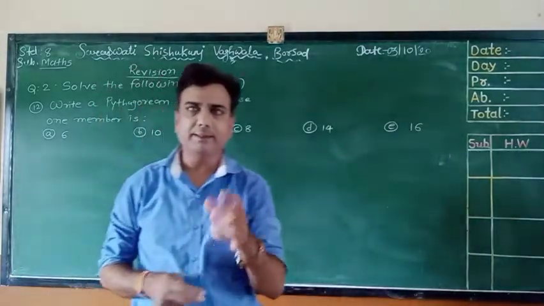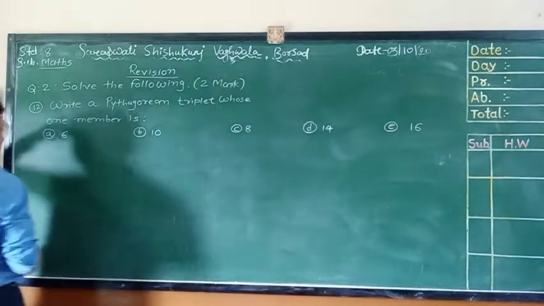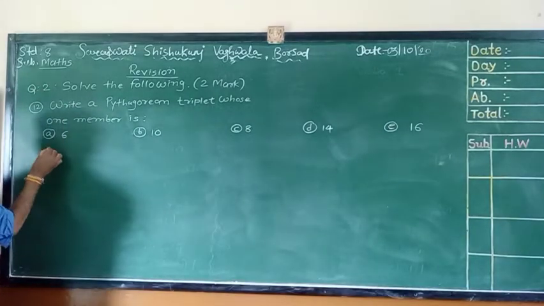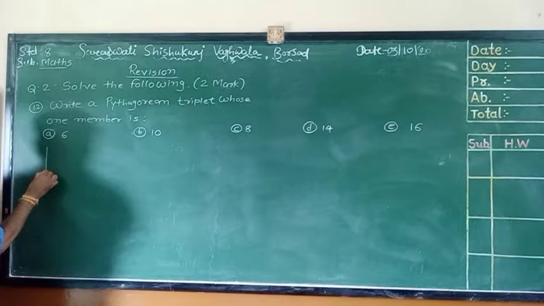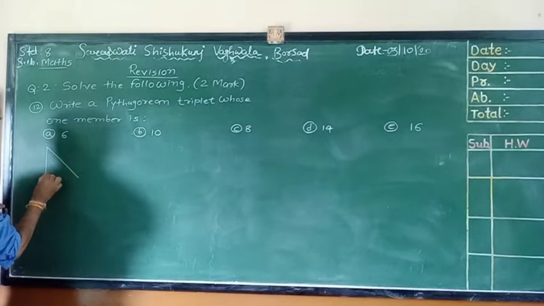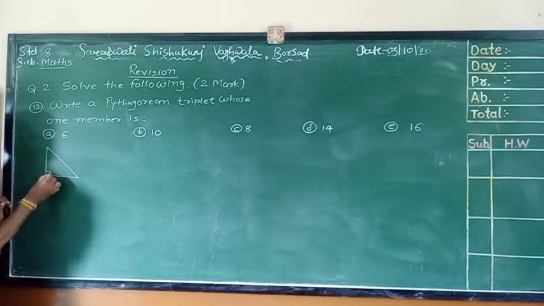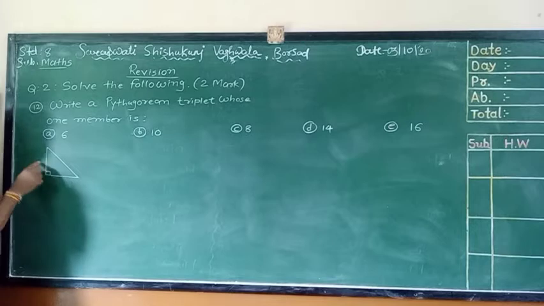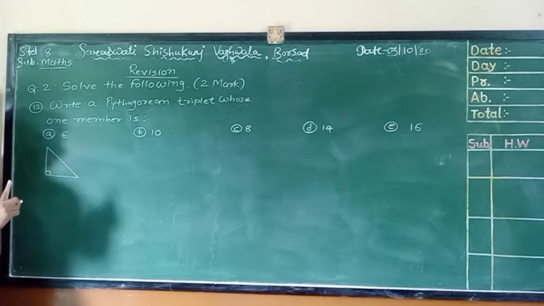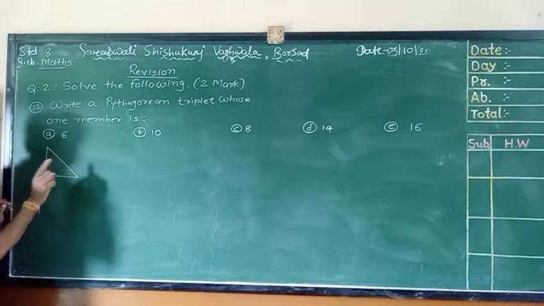And if it is a right triangle, then we can use it. Otherwise, no. See, suppose this is a right triangle. In this right triangle, these both are adjacent sides and this is the hypotenuse. Is it clear?